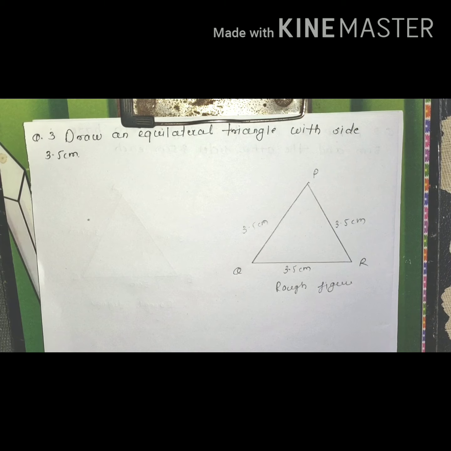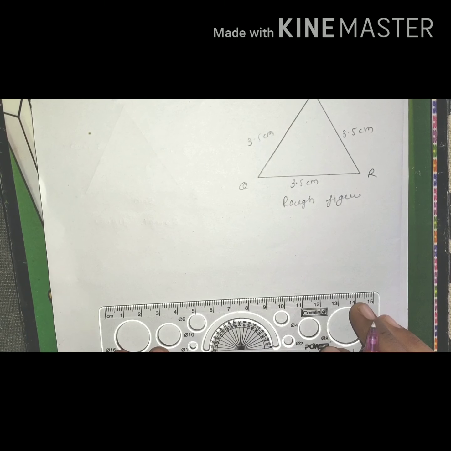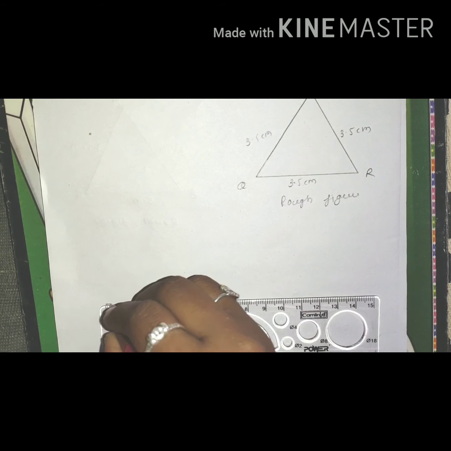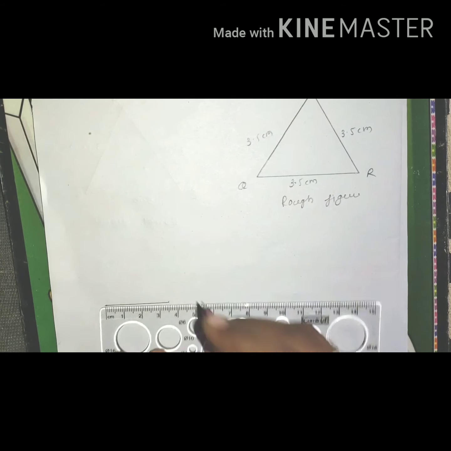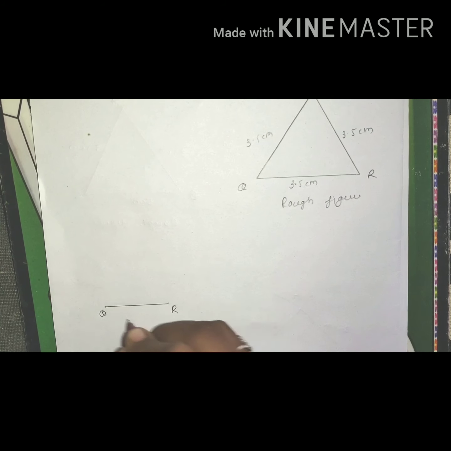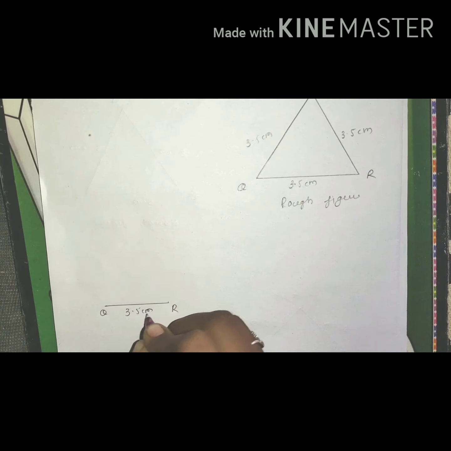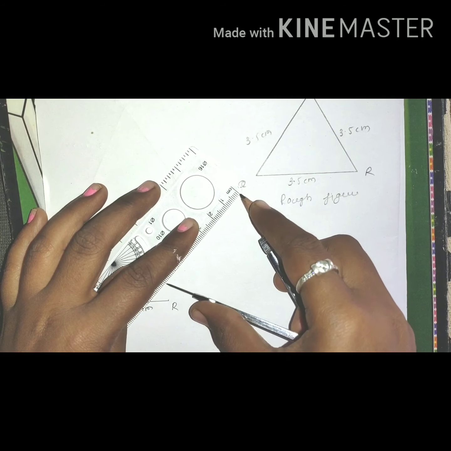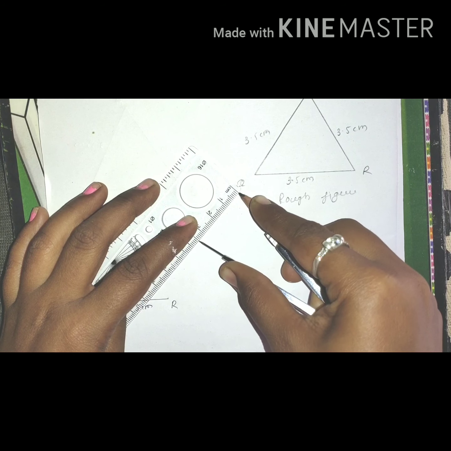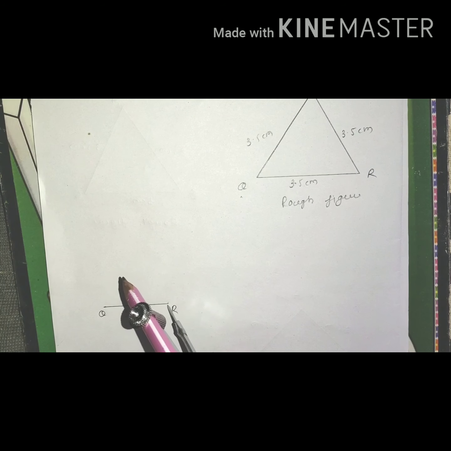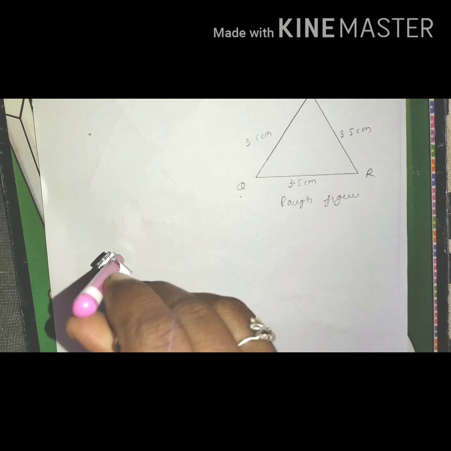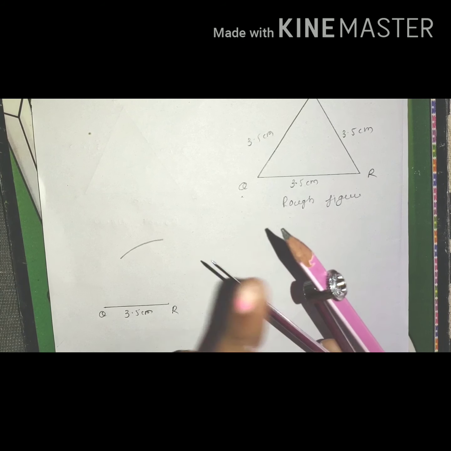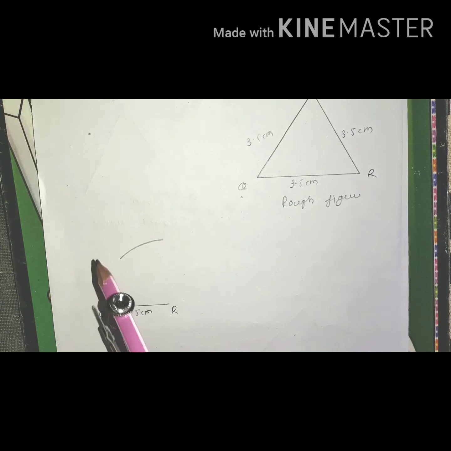Now second step, draw the base which is of length 3.5 centimeter. So with the help of a scale and pencil, draw the base of 3.5 centimeter, that is QR 3.5 centimeter. Then in a compass, take a distance of 3.5 centimeter. Keep the compass at point R, make an arc over here with the same distance because all sides are equal. ये 3.5 है, so यहाँ पे भी वही distance लगने वाला है.